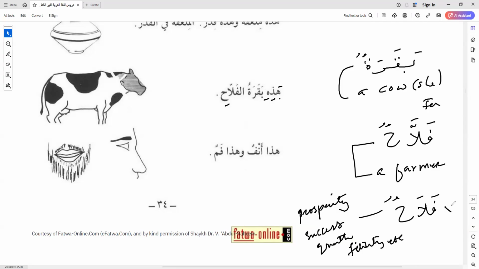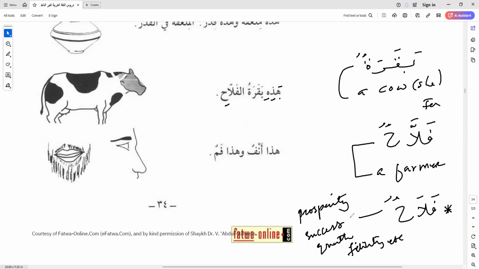And this is what we use in the call to prayer. Hayya ala al-falah. Falah means come to prosperity, come to success, come to growth, come to felicity, come to blissful life in the masjid. Falahun with a shadda means a farmer. So if you say hayya ala al-falah meaning come to the farmer, no, we don't want that.